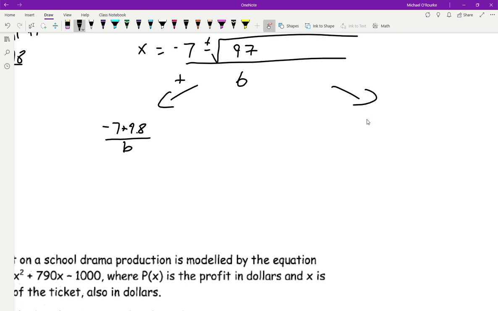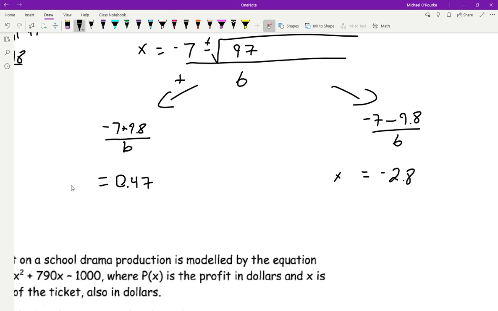On this side, I have negative 7 minus 9.8 divided by 6, which will give me two different answers. 0.47 for this one, and negative 2.8 for this one.